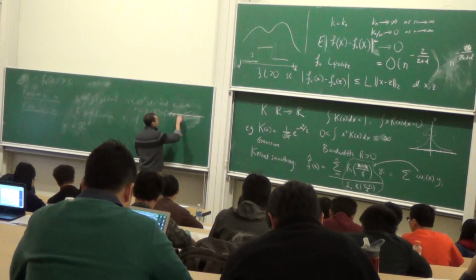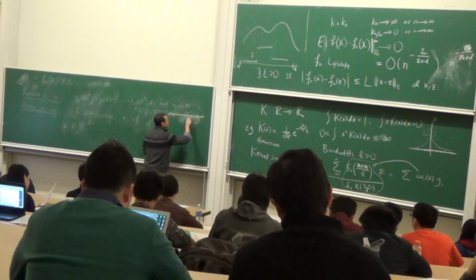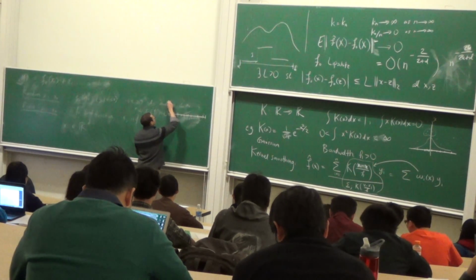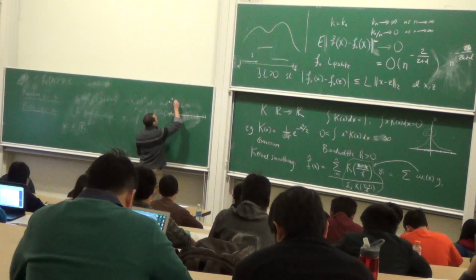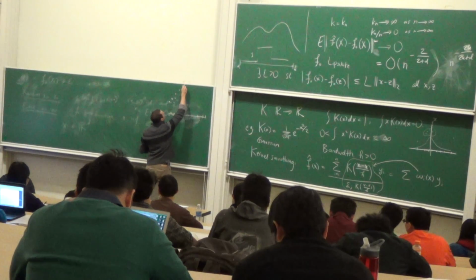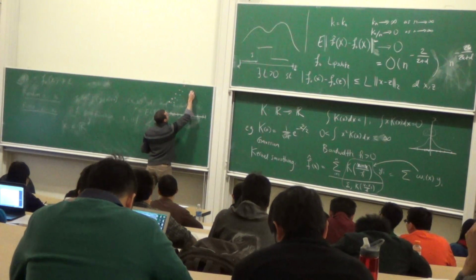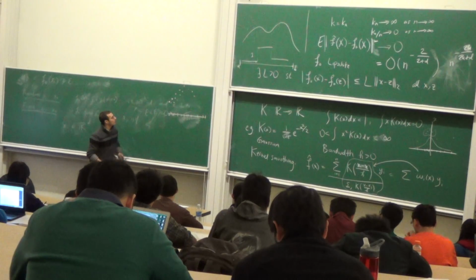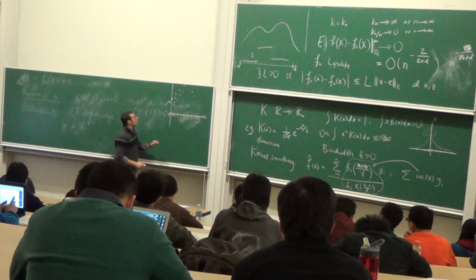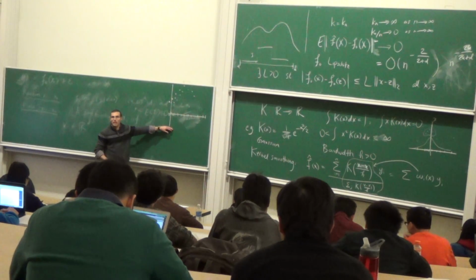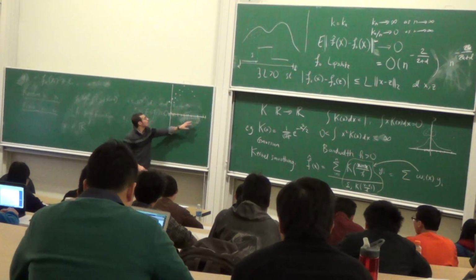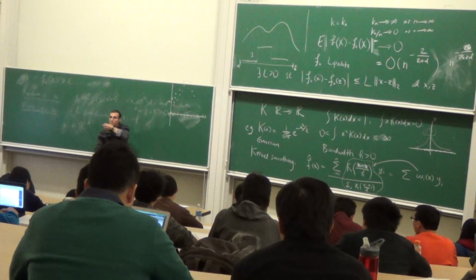I'll just draw lines again for the input points, my xi's. Let's suppose we want to make a prediction here. That's the value of x we want to make our prediction at. What's going to happen here with our fitted prediction? This is our entire data set. There's going to be a problem with it.